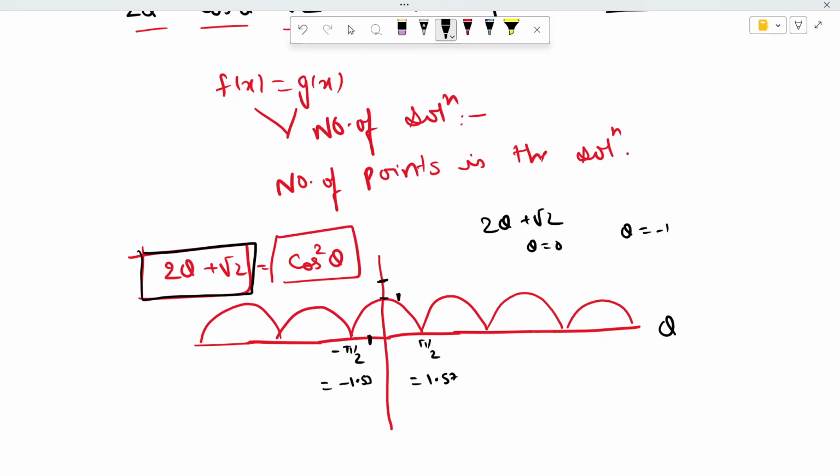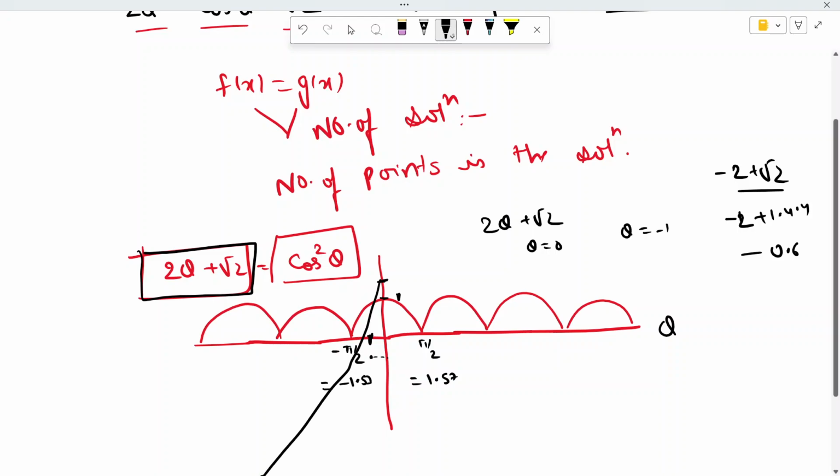When you substitute minus 1, this will be minus 2 plus root 2, approximately minus 2 plus 1.414, that is approximately minus 0.6 something. So this will be somewhere here. So draw the graph simply.